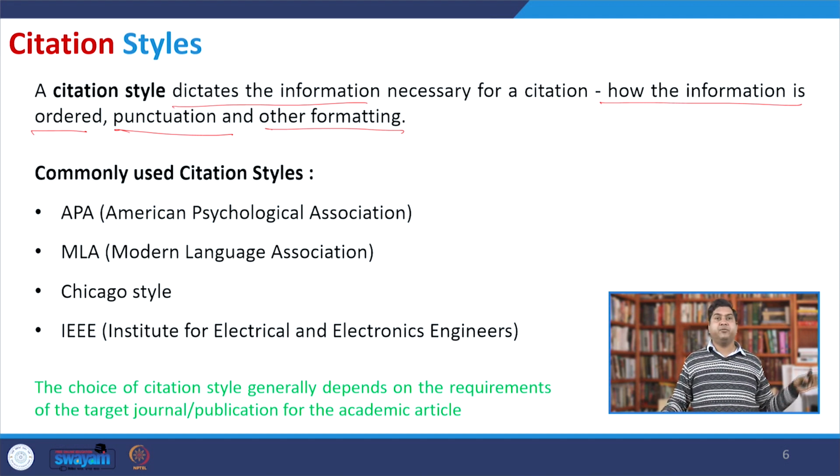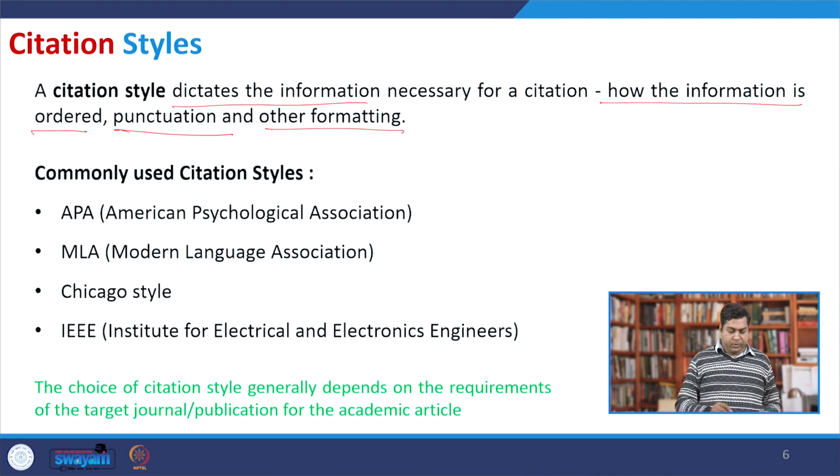Even the formatting for a journal, for a book, for a conference paper, or something from a website is not the same, but they are representing the same content or the same paper. So, it definitely depends on the organization or on the established style that we refer to.